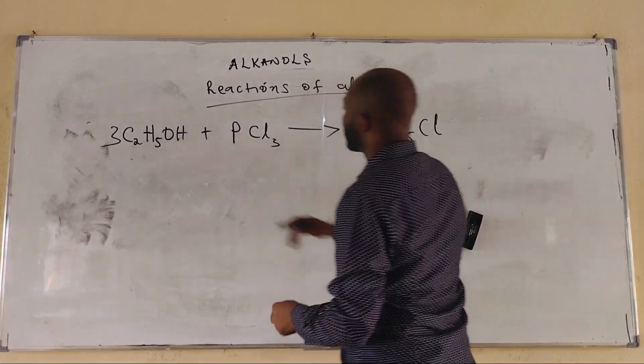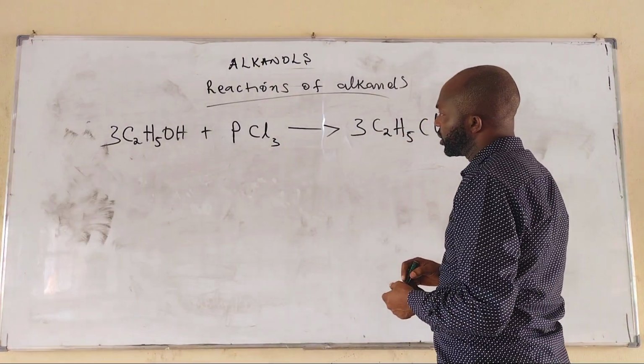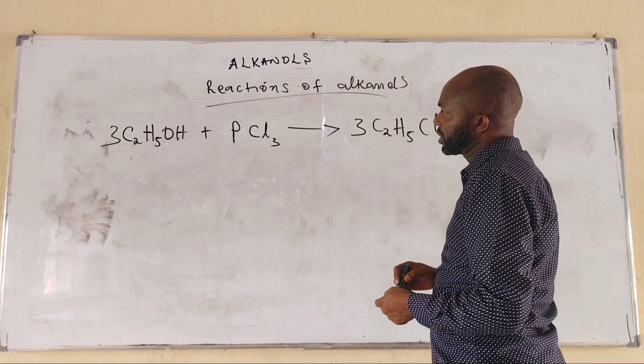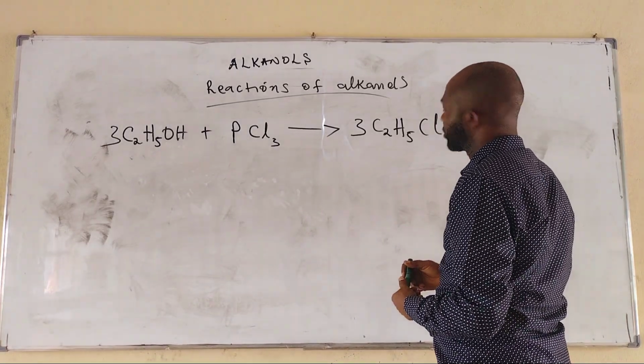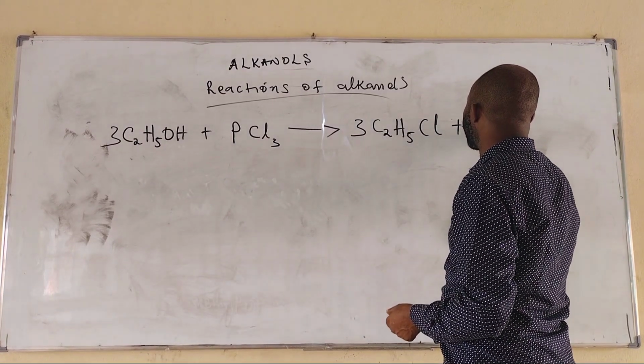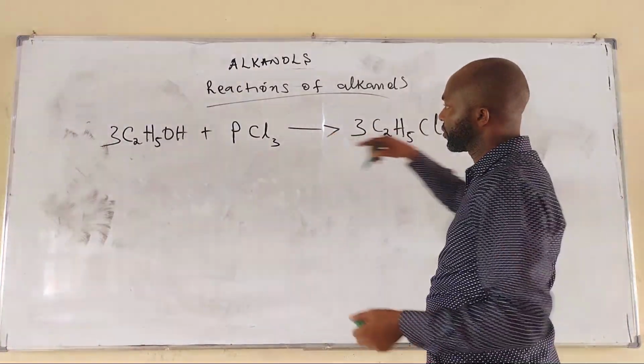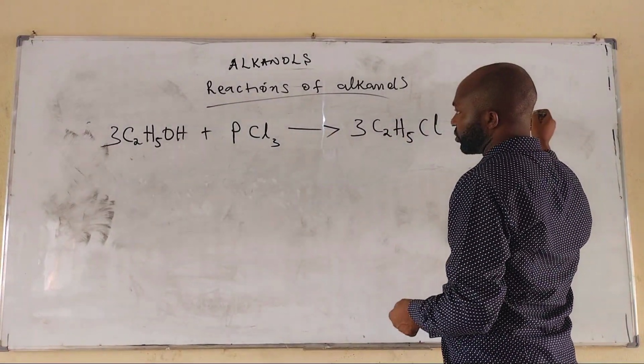Remember, we have 3 chlorine here. Now, what are we left with? We are left with 3 oxygen, 3 hydrogen, and phosphorus. So plus 3 hydrogen, 1 phosphorus, and 3 oxygen.